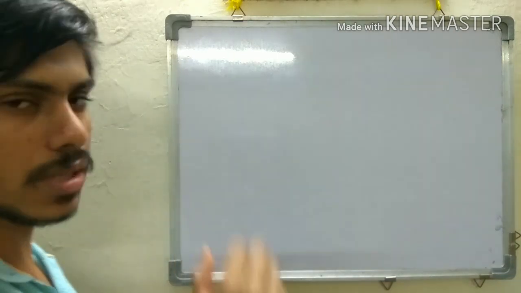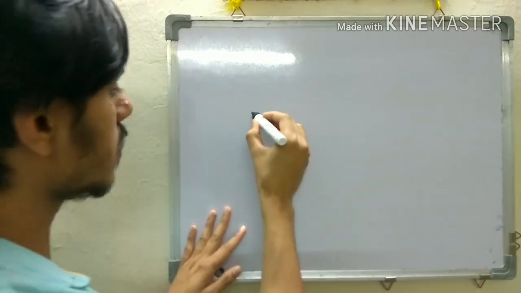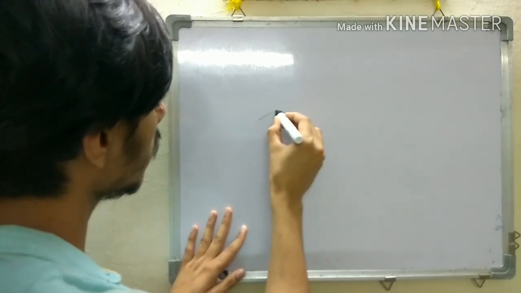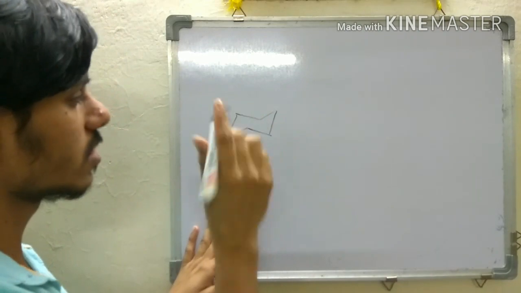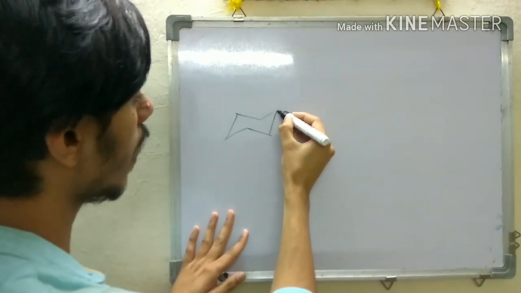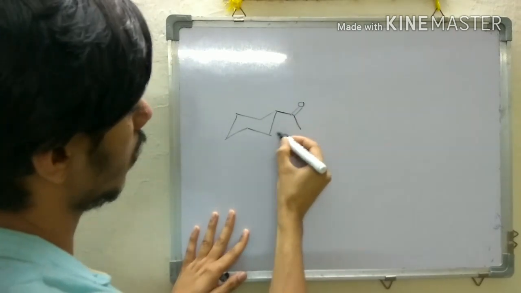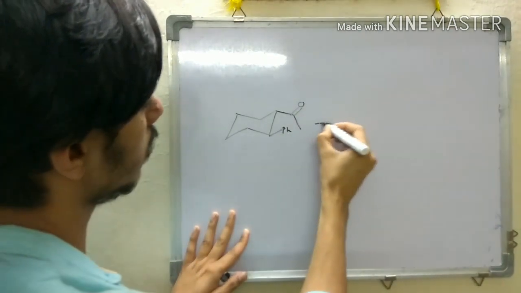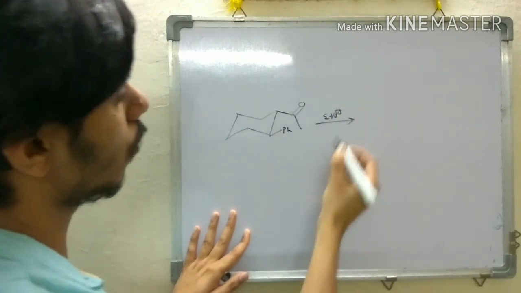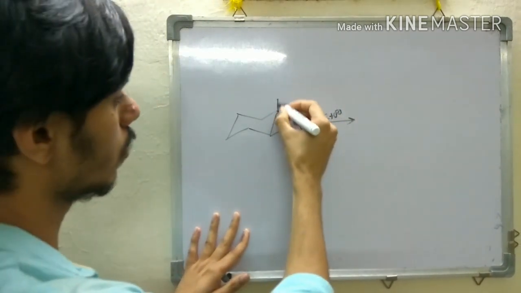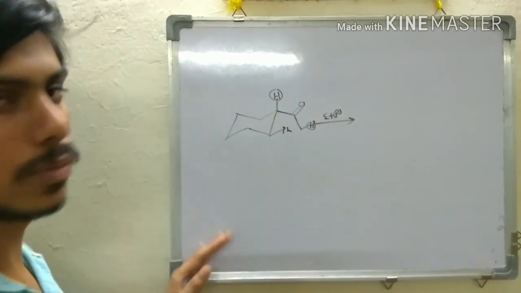So either the question is wrong, or the main point is that in this question the main concept is that if you have a system where you have two groups like this and you are forming enolate, you are having two options, either this proton or this proton.